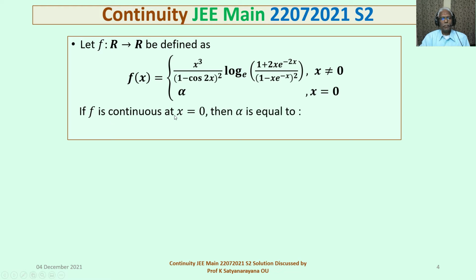If f is continuous at x equal to 0, then alpha is equal to, the four options are given to us.